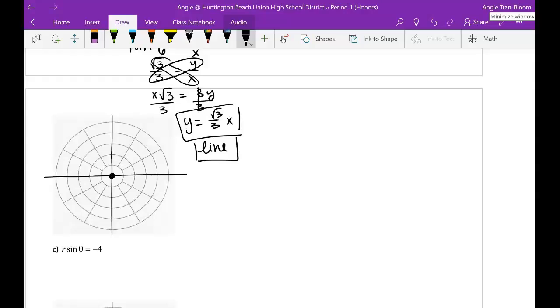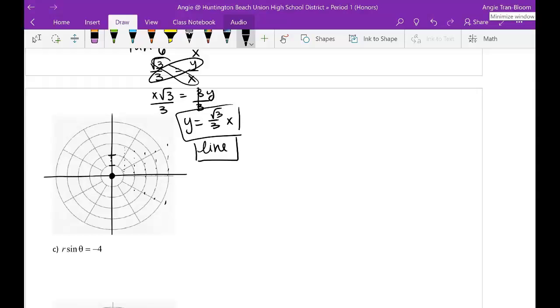Then it has a slope of radical 3 over 3. Radical 3 is in between 1 and 2, so here's 1, here's 2. Go up radical 3 and then over 3 units. I don't have 3 units here because it's all in polar form, so I'm going to eyeball what 3 units is.